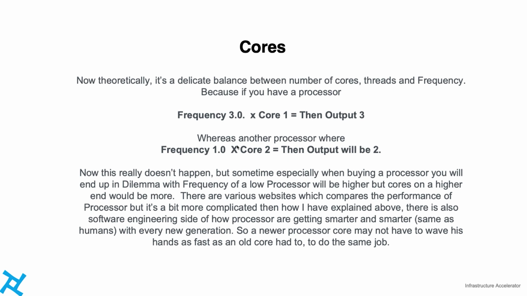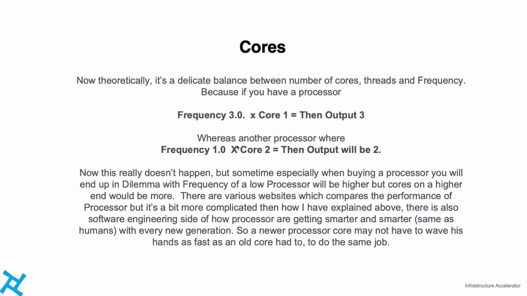Or there could be another processor where the frequency is 1.0 gigahertz, and the number of cores, that's the number of men inside, is 2, then the output will be only 2. So despite the fact that the first processor has fewer cores, because it is acting fast, it can give you a better output.